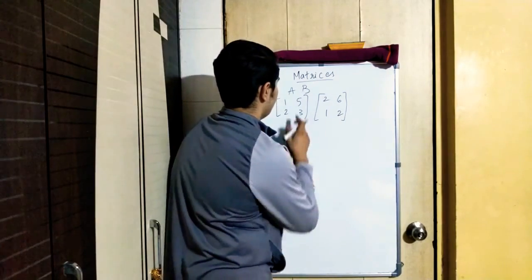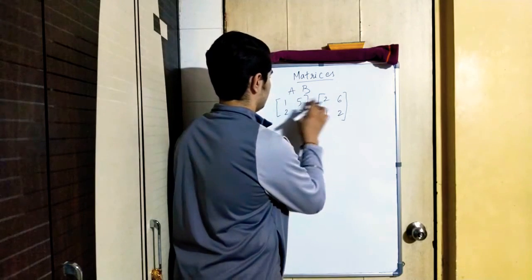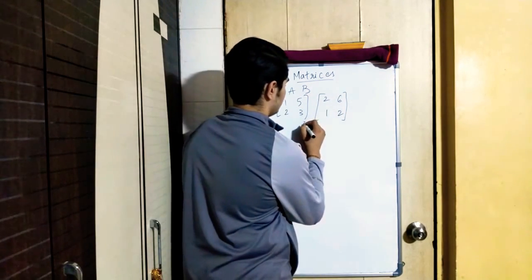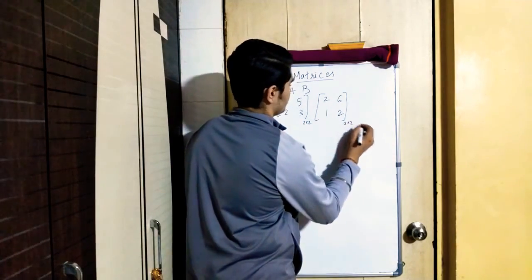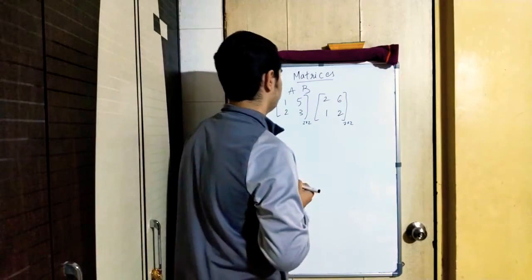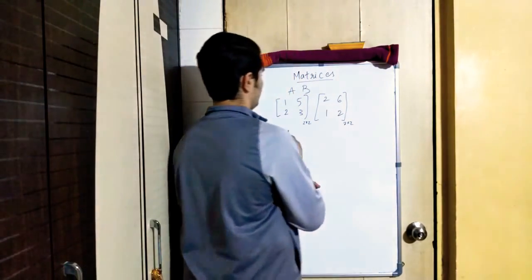So we multiply it with the consecutive elements. The order of the matrix is 2 into 2 and this also is 2 into 2, so the multiplication is possible.